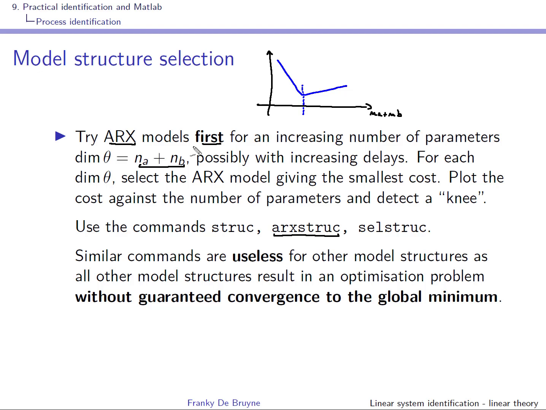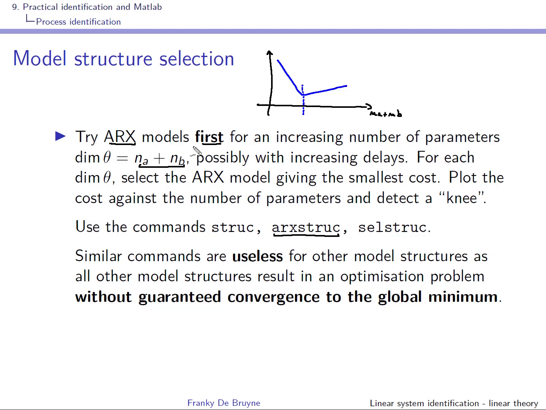So it's first of all cheap to compute ARX models, and you can also compare them, because with an ARX model you always have the guarantee of finding the model with a cost that is in the global minimum. So comparing ARX structures makes sense from a validation point of view and from an identification point of view.